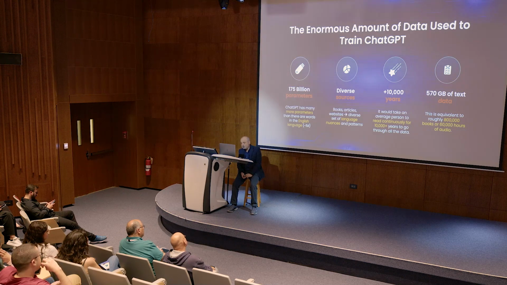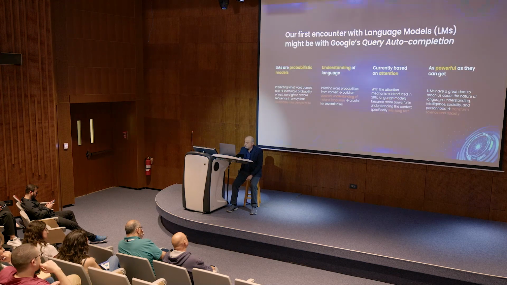If a human wanted to read all the data that was given to ChatGPT, it would take a human reading continuously around 10,000 years to consume all of this data. In terms of size, we're talking about 570 gigabytes of text. That's how much was given to train ChatGPT. We're talking about 800,000 books together.